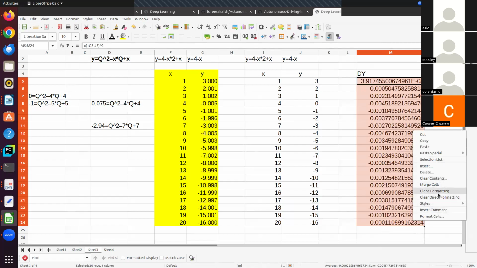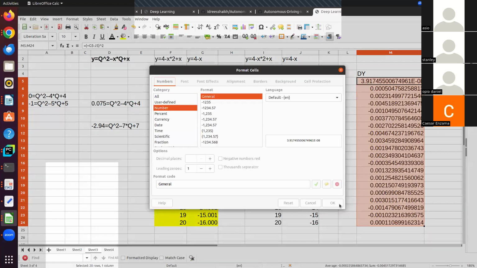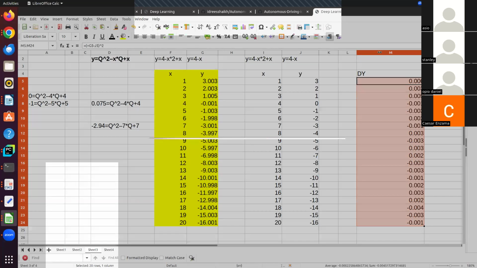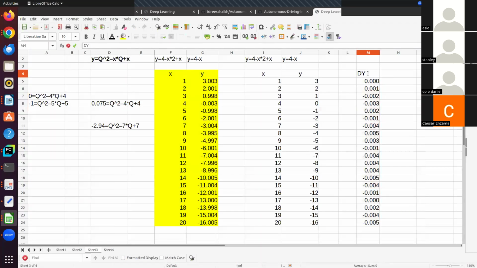Where is the cell format? Here we go. Here we will always get positive numbers. It's the difference squared, the difference between the y's squared.